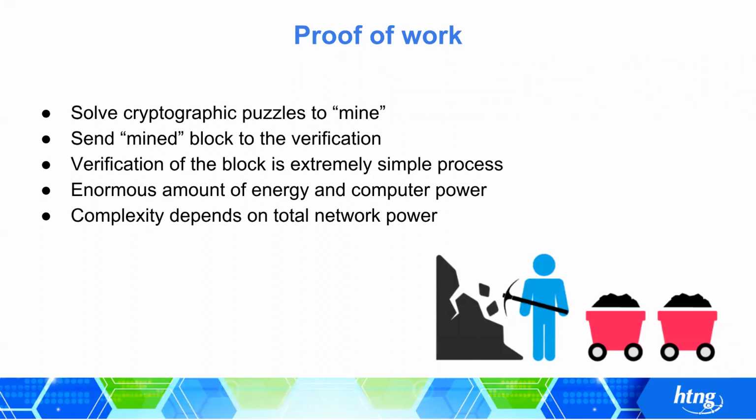Solving the cryptographic puzzle is a difficult process, and if somebody finds the solution, it will be posted and broadcast to the network, and the next step after finding the solution will be verification. And verification is an extremely simple process.